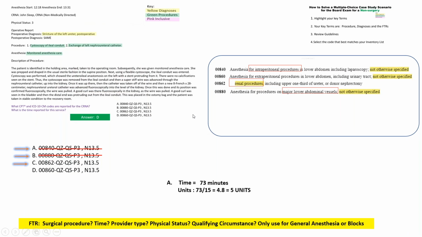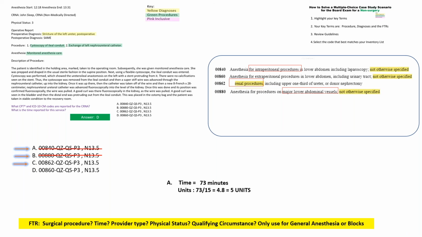And does the code 00862 exactly specify the procedure performed? 00862 is anesthesia on extraperitoneal procedures in lower abdomen, renal procedures, including the upper 1/3 of the ureter. As you see from the diagram, this does not exactly say it's a procedure totally on the renal system, and it's only including the upper 1/3 of the ureter.